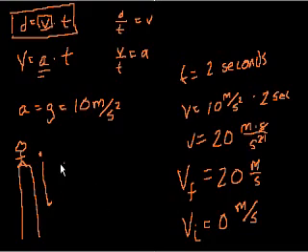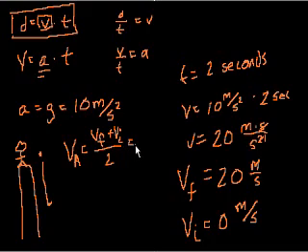So my average velocity, let's call that, actually, I've never seen it done this way before, but let's just say average velocity is equal to the final velocity plus the initial velocity divided by 2. I just took the average of the initial and the final, which is 20 plus 0, which is 20, divided by 2, which is equal to 10 meters per second.